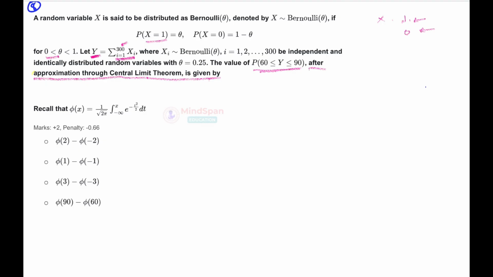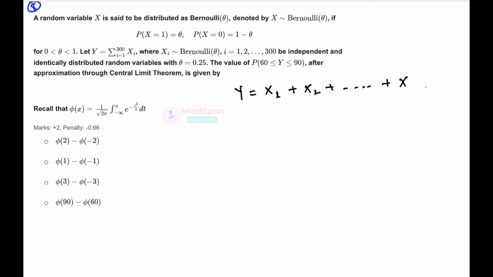So we need to approximate this probability calculation using the central limit theorem, right? If you have already gone through the central limit theorem, then just reading the question till here, you would have recognized that this question is based on it. This is one of the easiest questions based on the central limit theorem. How can we proceed? We have this random variable y, which is the sum of random variables x1, x2, dot dot dot, till x300.